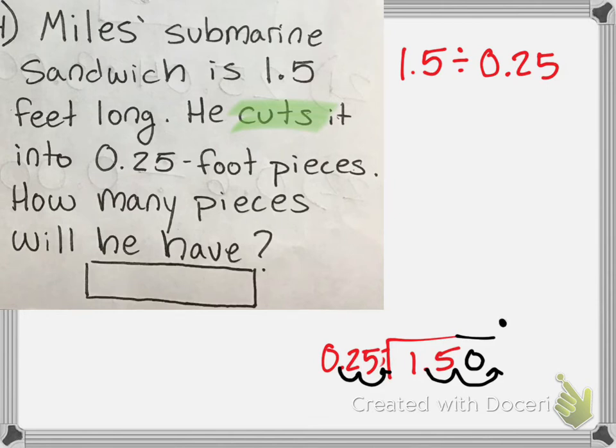So Marley, what did you get as your answer? I got 6. Yes. And if you're having trouble, whenever you have like a 25, think about money. Think about quarters. Think about how many quarters go into $1.50. So he will have 6 pieces.